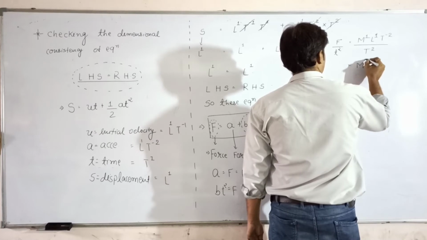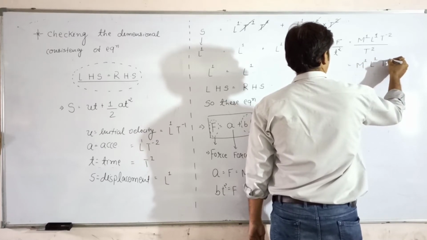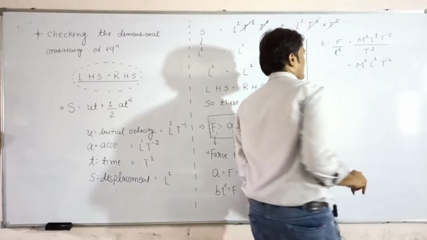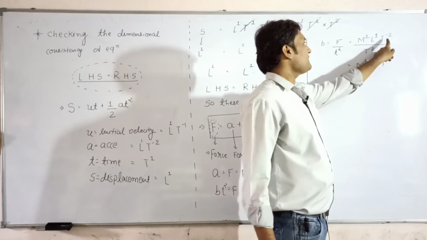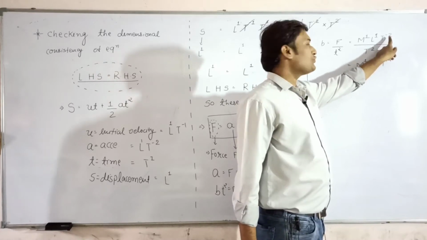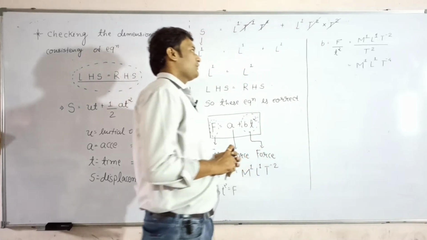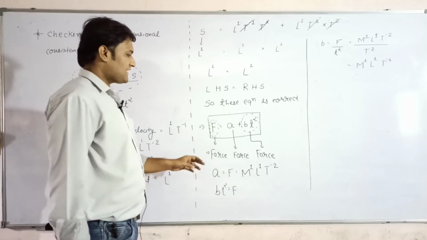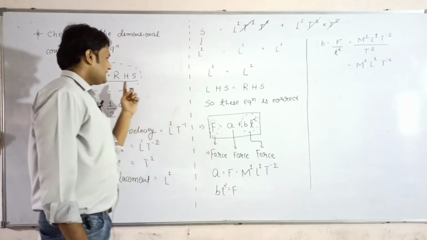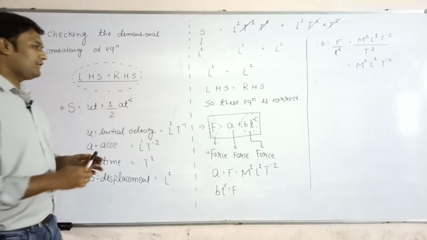So here M1 L1, that is T minus 4. T plus 2 in the numerator gives minus 2 minus 2, that is minus 4. Okay, so it is very simple. If the equation is correct, then the condition LHS is equal to RHS is fulfilled.